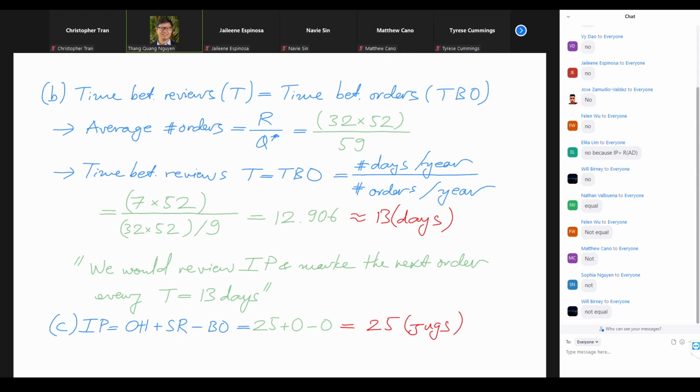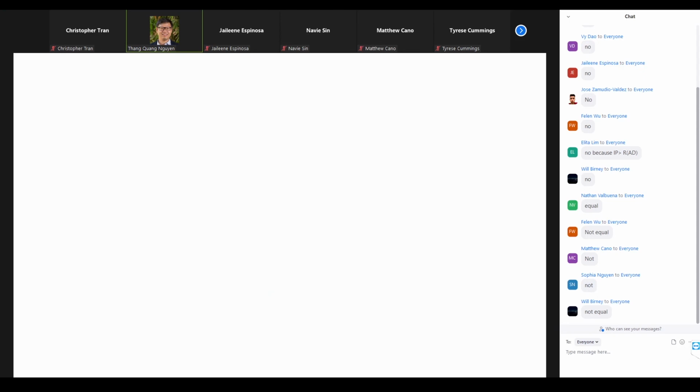That's easy, right? In part D, we need to do the following. We need to find the MAD. MAD is the shorthand for the maximum level or the replenishment level of inventory, okay?